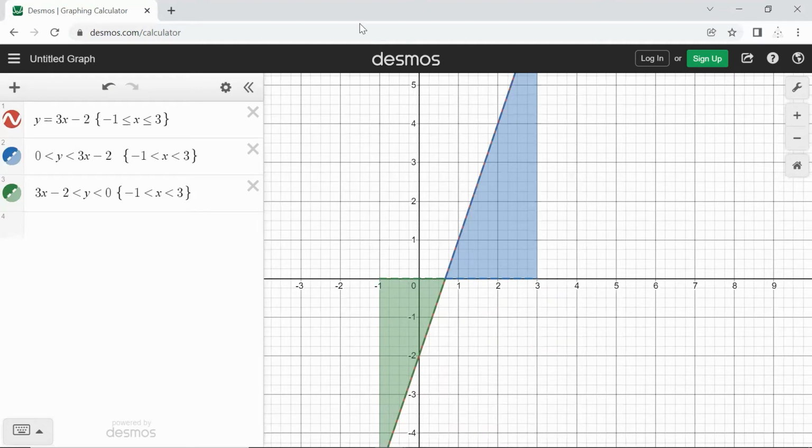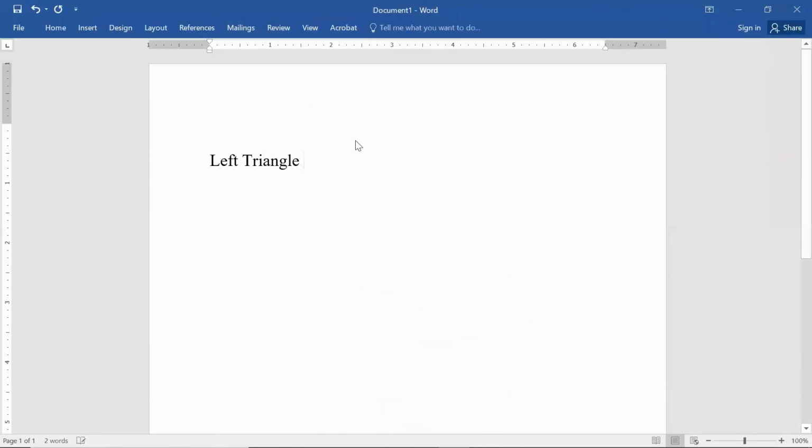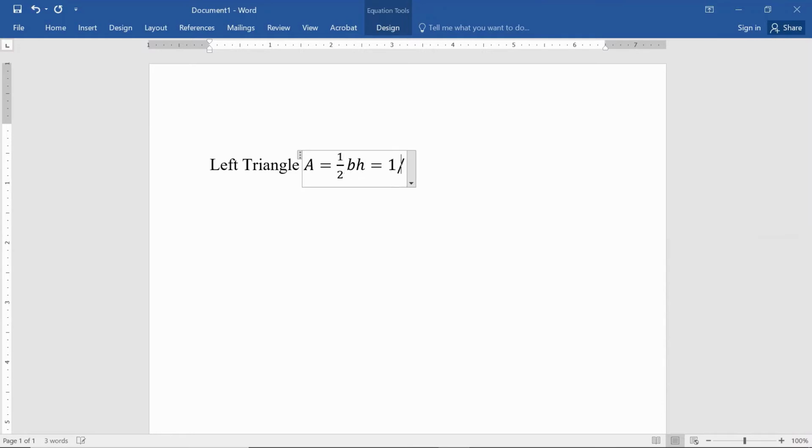Let's write that down. So the triangle on the left, remember, had area. Area is always 1/2 base times height of a triangle. In our case, that was 1/2. We said the base was 1 2/3. I'm going to write that as 5/3 instead of 1 2/3.